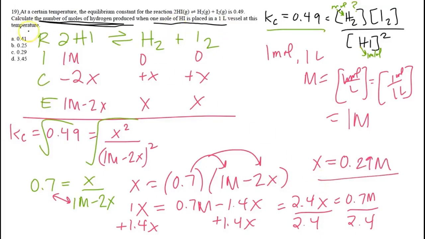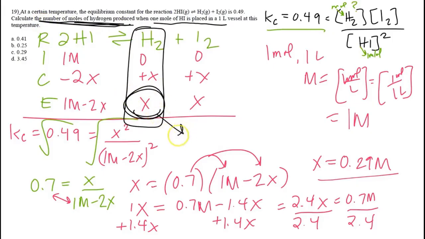But they want us to figure out the number of moles of hydrogen. So I have to look at my hydrogen here. My hydrogen at equilibrium, H2, is equal to x, which we know is 0.29 molar. But wait, they want number of moles. They don't want molarity. So what do I need to do with my answer here?